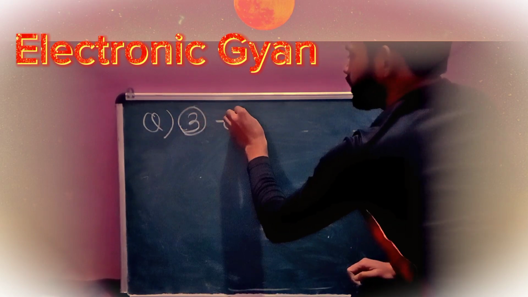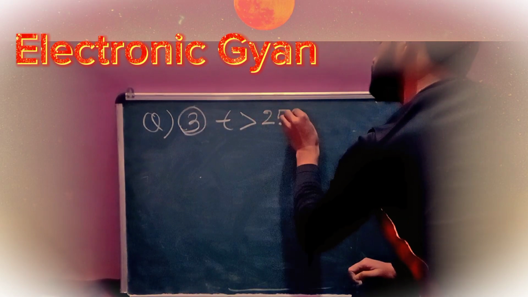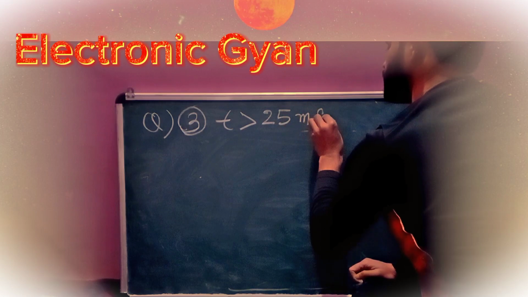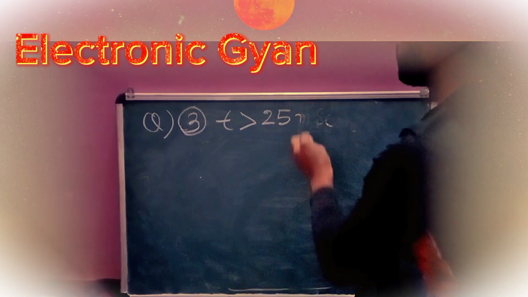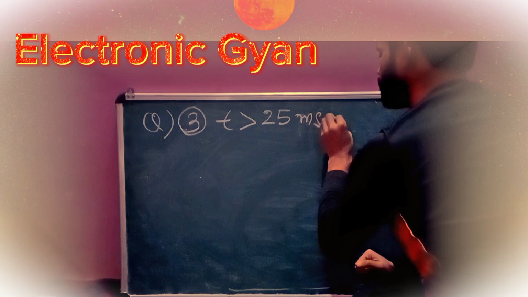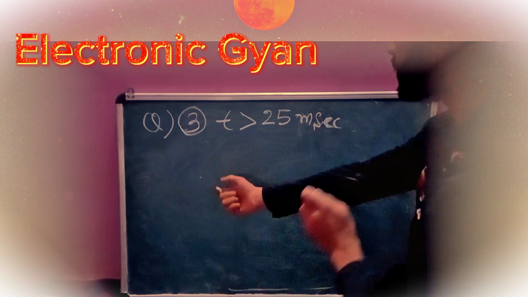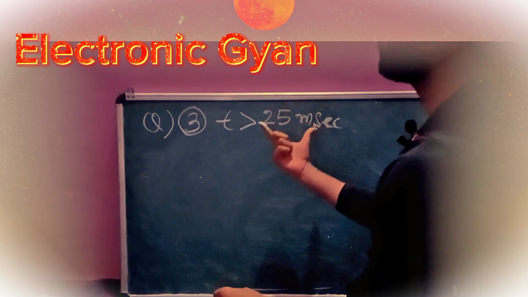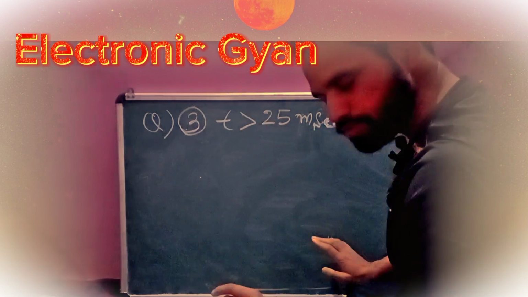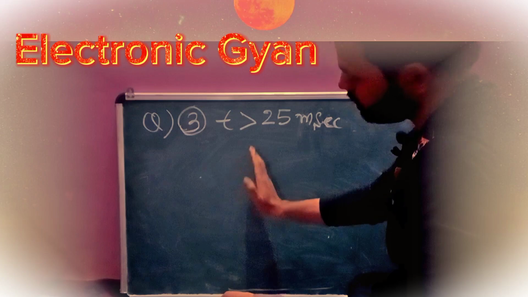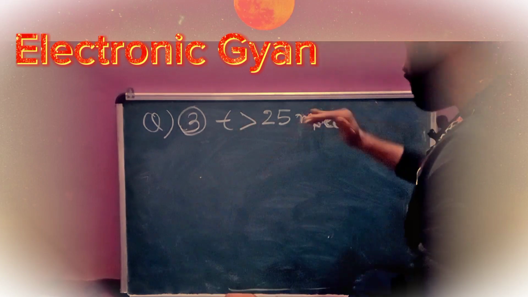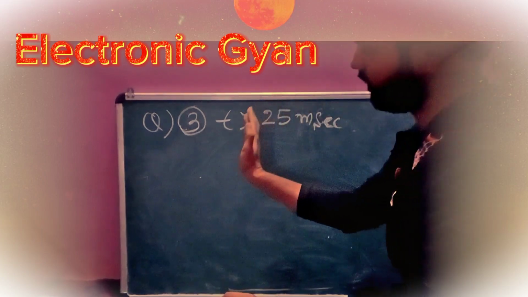Case three is what? For t greater than 25 millisecond. What is our circuit? For t greater than 25 millisecond, my switch A is closed, and now my switch B will get open.